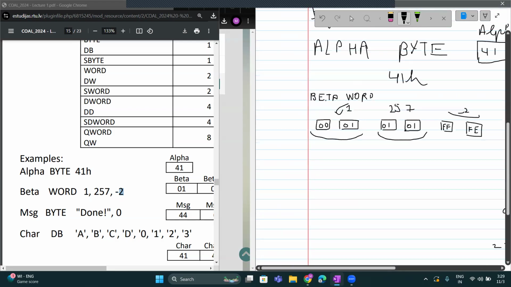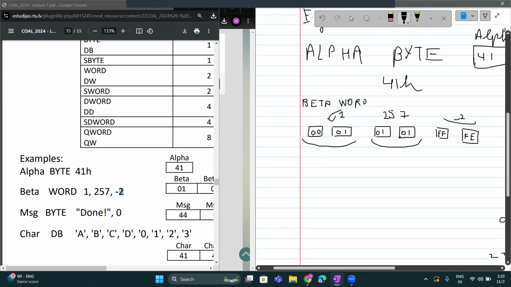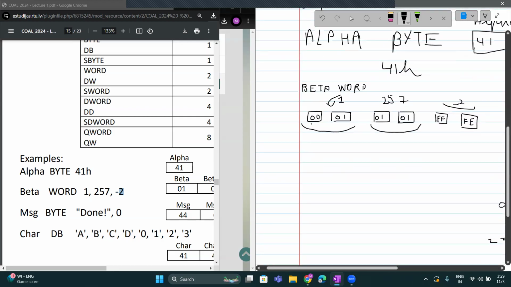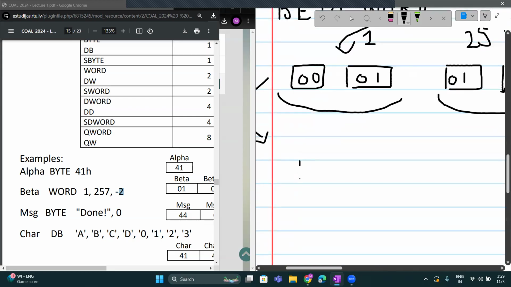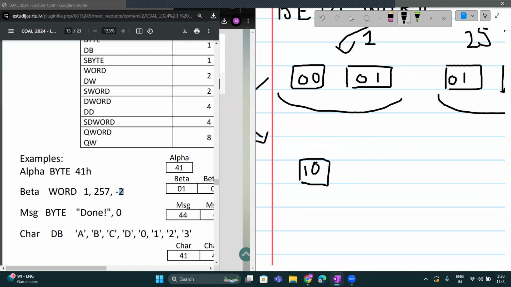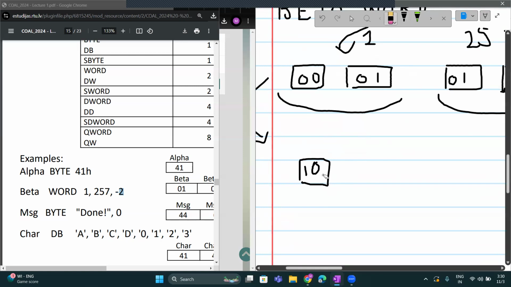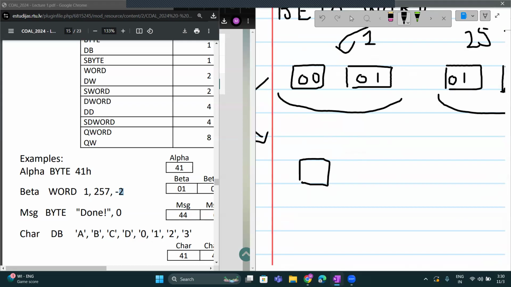Now, each of these particular values, this is the normal conversion, but in terms of memory, it will be swapped. So in memory, these numbers will be like this. Each byte will be swapped. So 1, 0, not 1, 0. It's 0, 1 here. So 0, 1 and 0, 0.